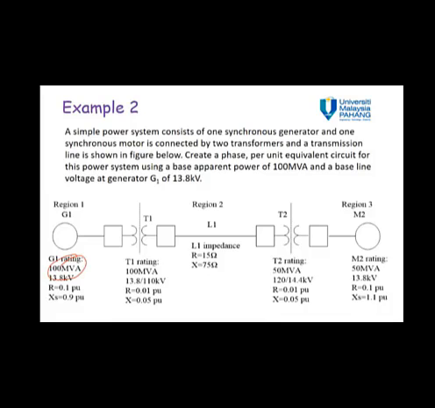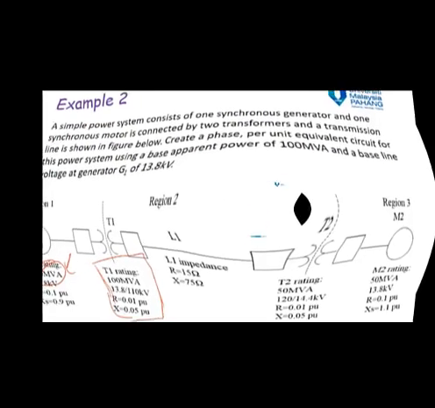This resistance value and inductive reactance value are referred to its own rating, the rating of the generator. The transformer rating can be found on the transformer nameplate. So this circuit is a single line diagram. Now, can you draw the impedance diagram for this circuit?